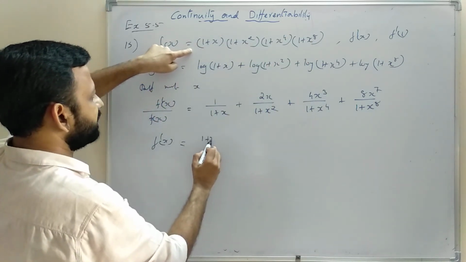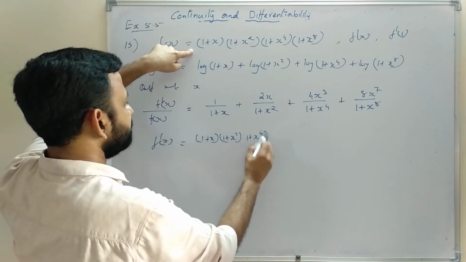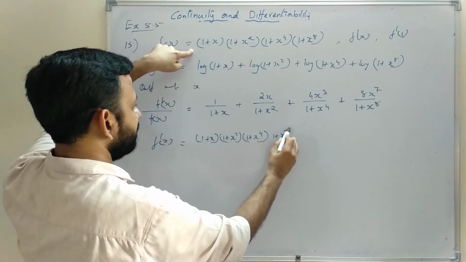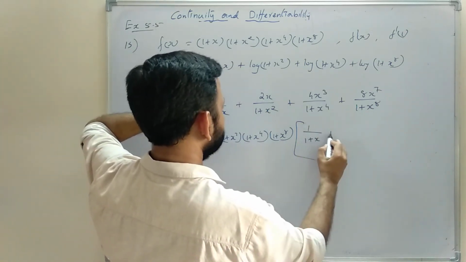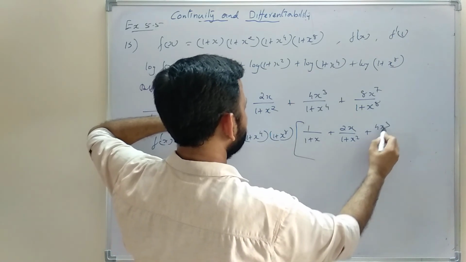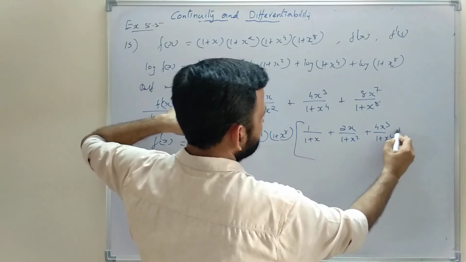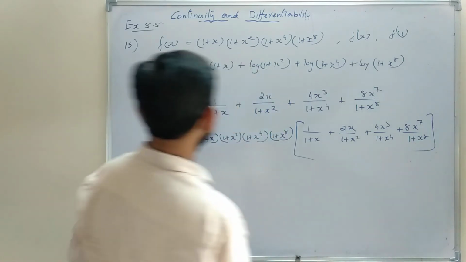So we will write 1 plus x into 1 plus x square into 1 plus x raised to 4 into 1 plus x raised to 8, in brackets, 1 upon 1 plus x plus 2x upon 1 plus x square plus 4x cube upon 1 plus x raised to 4 plus 8x raised to 7 upon 1 plus x raised to 8. So that is f dash x.